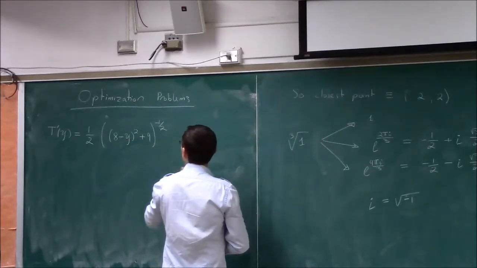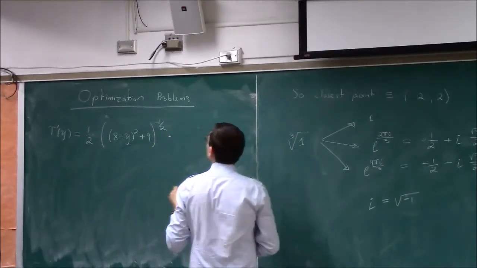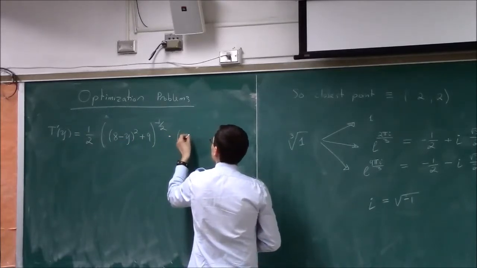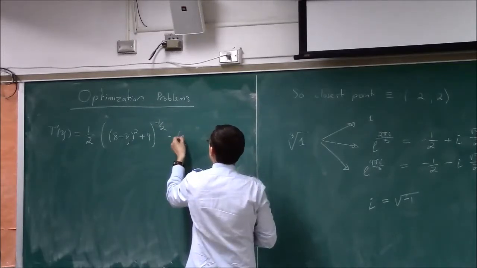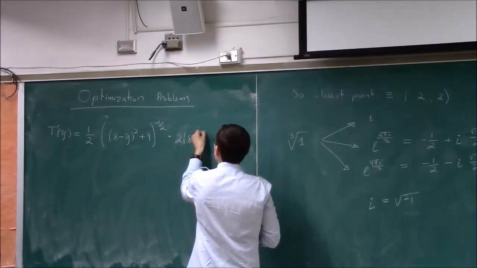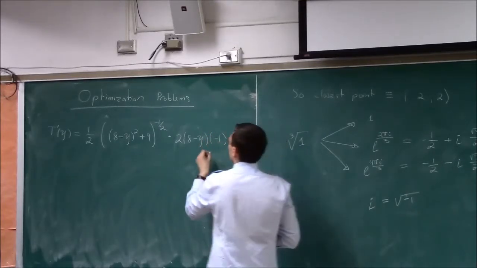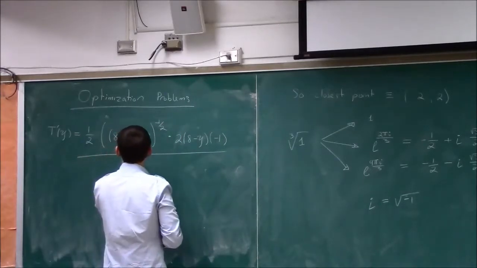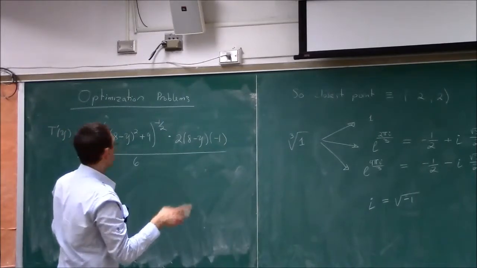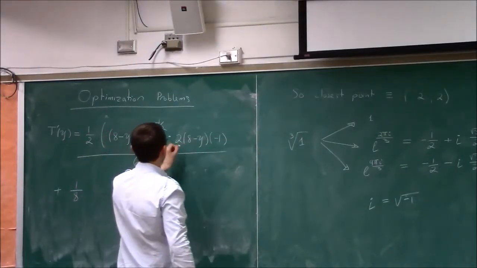What happens to 6? I didn't yet finish, right? So 6 is there, sure. It's all divided by 6 times the derivative here, so it would be times 2 (8 minus y) times minus 1. And all of this thing is over 6 plus the derivative of y, which is just 1, so it's 1 over 8. Right, so this 1/2 and this 2 cross out.